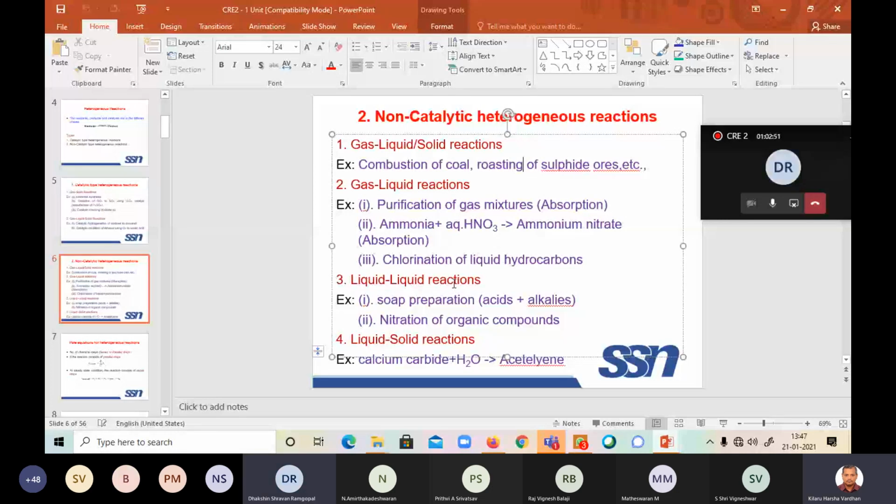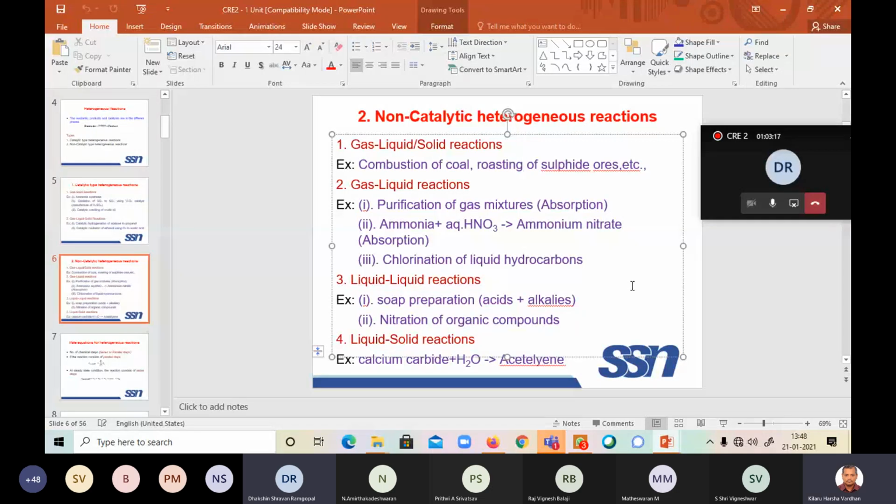Sir, it says heterogeneous reactions, but then it says liquid there. No, sir, the heading is non-catalytic heterogeneous. So how is it heterogeneous?